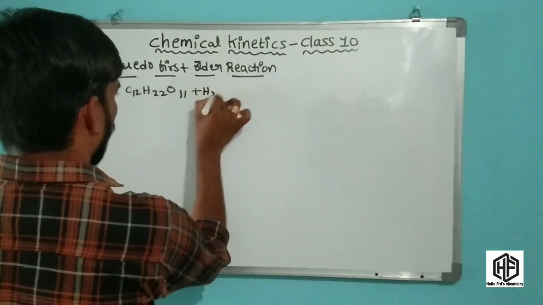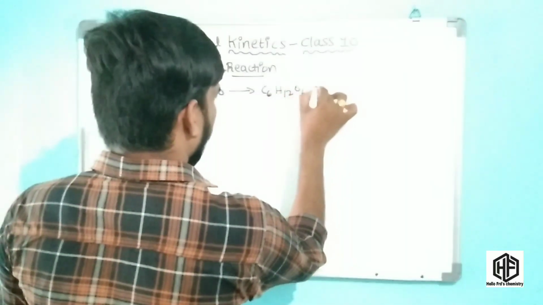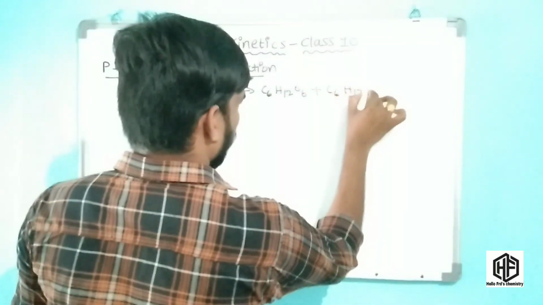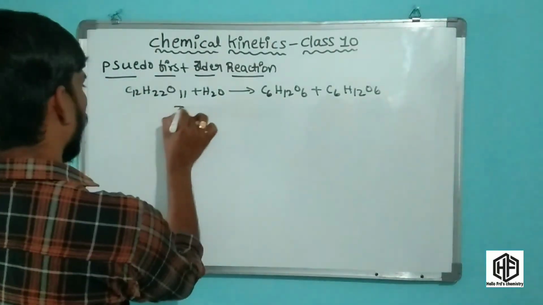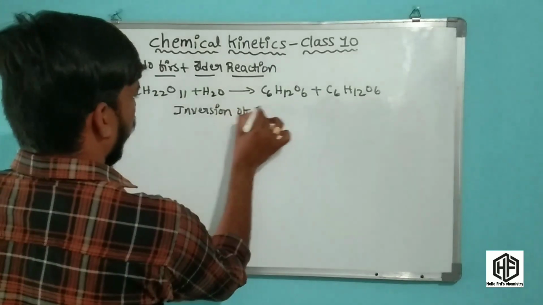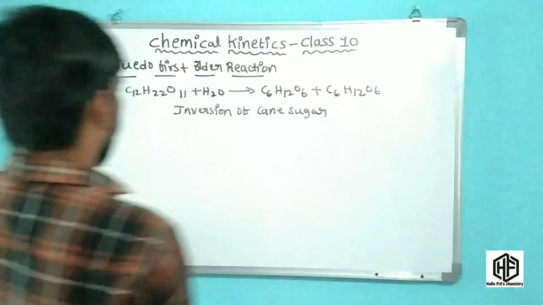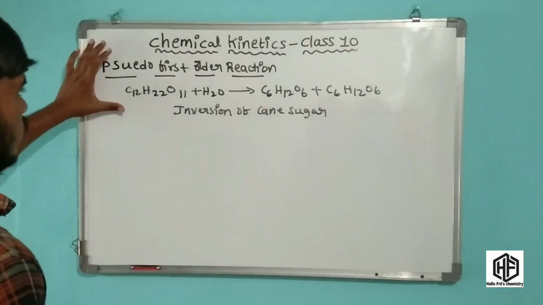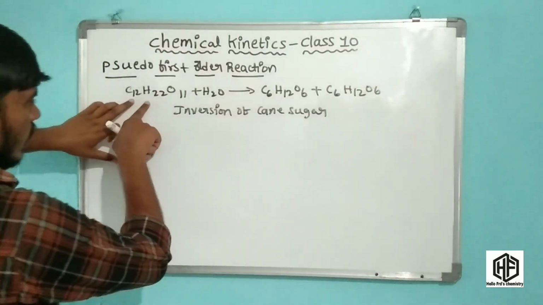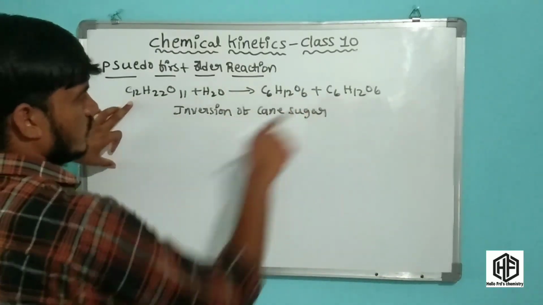Sucrose is reacted with the water to form glucose and fructose. This is the reaction of inversion of cane sugar.